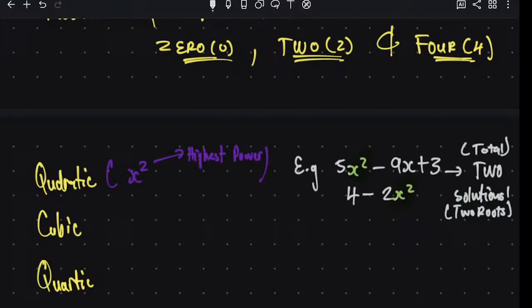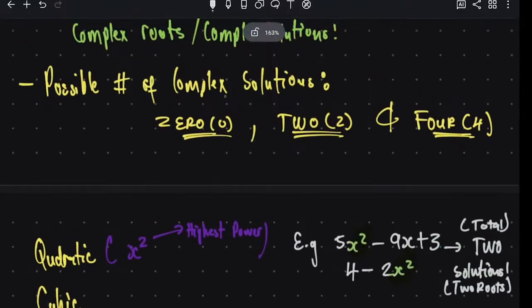Now, what we then know also is that for a quadratic, the total must be 2. If the total must be 2, then what options would we have? How many complex solutions can we get in a quadratic equation? Can we get 4 complex solutions in a quadratic equation? No. Why?